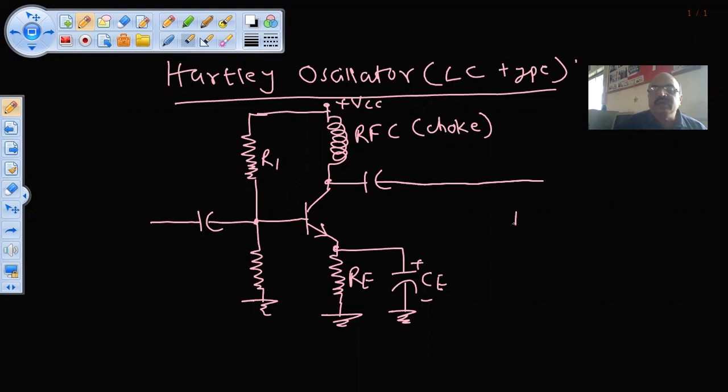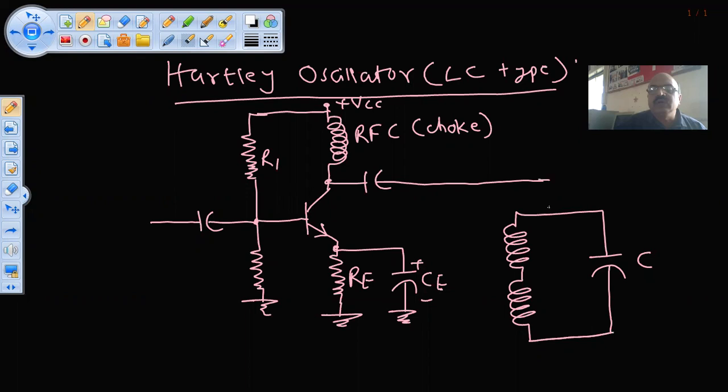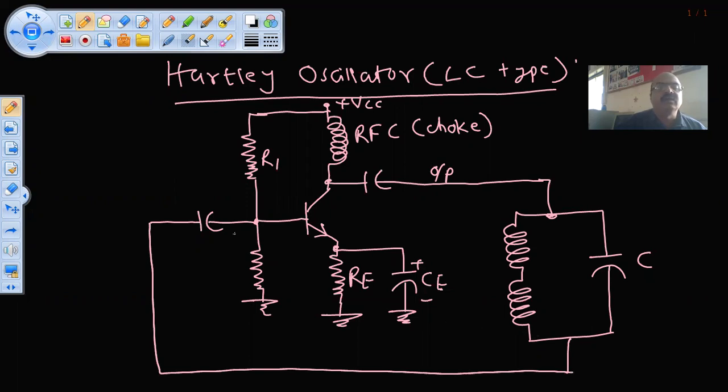Here I connect an inductor L1, L2, and C. Connect this. This is your output. This is the feedback network. And this is the input. It's very easy to remember.